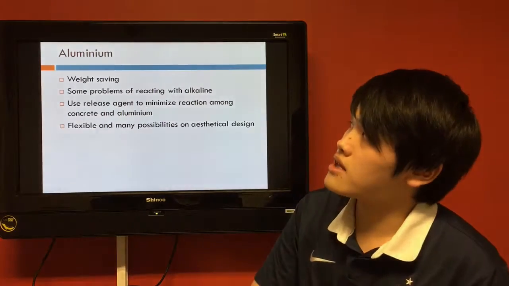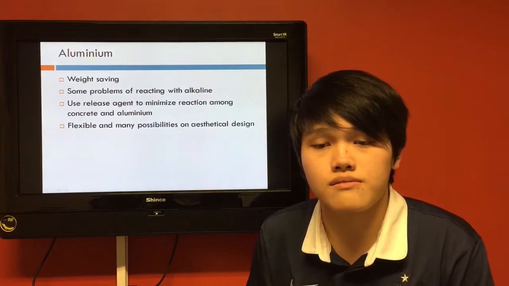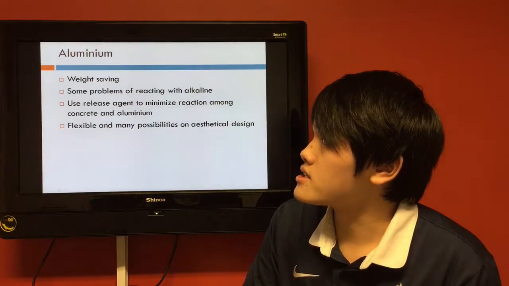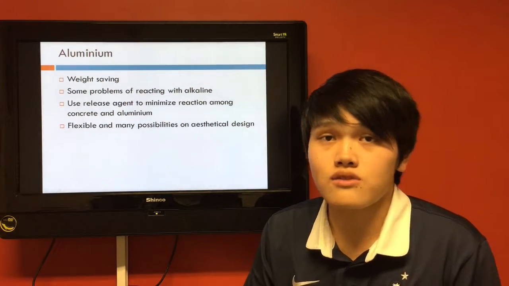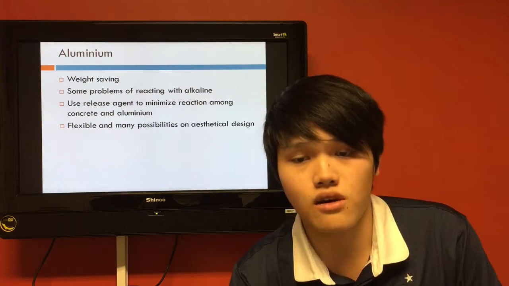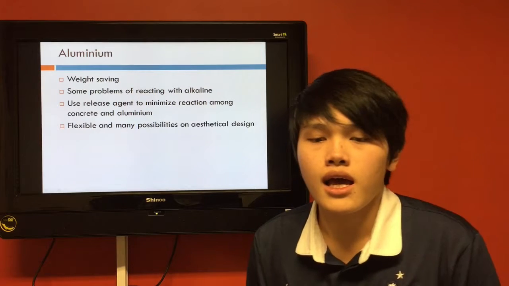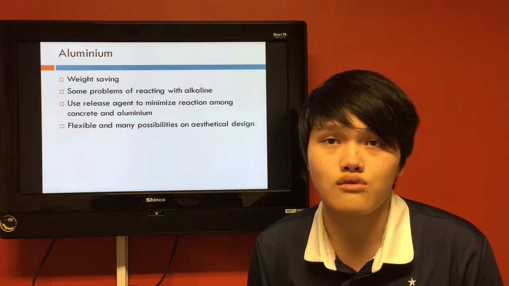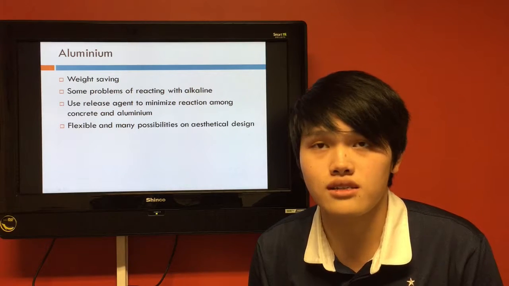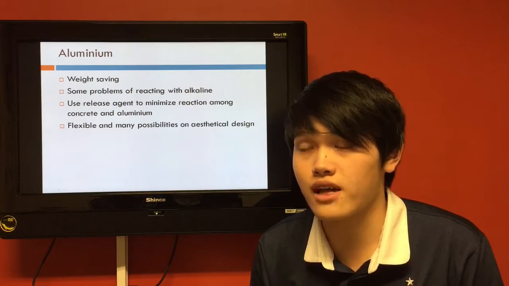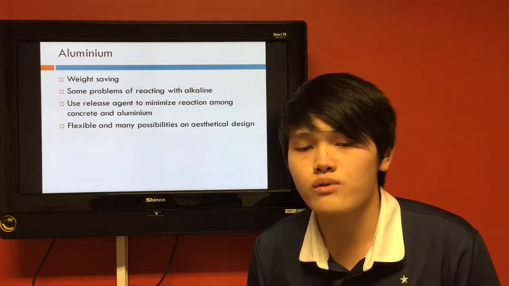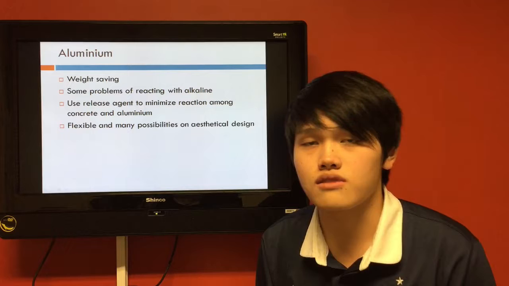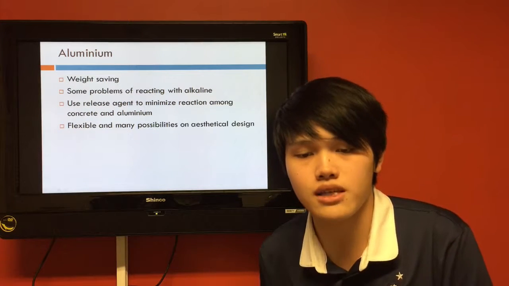So I will talk about aluminium in this part. Aluminium is a weight-saving metal, and airplanes are also made of aluminium. There is a problem of reacting with alkalis because it is a reactive element, so we would use a release agent to minimize the reaction between the alkaline concrete and the aluminium.